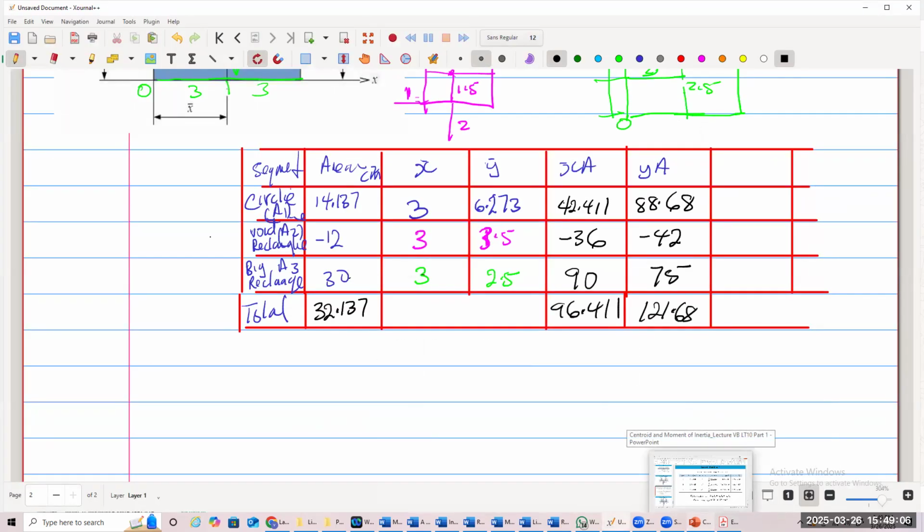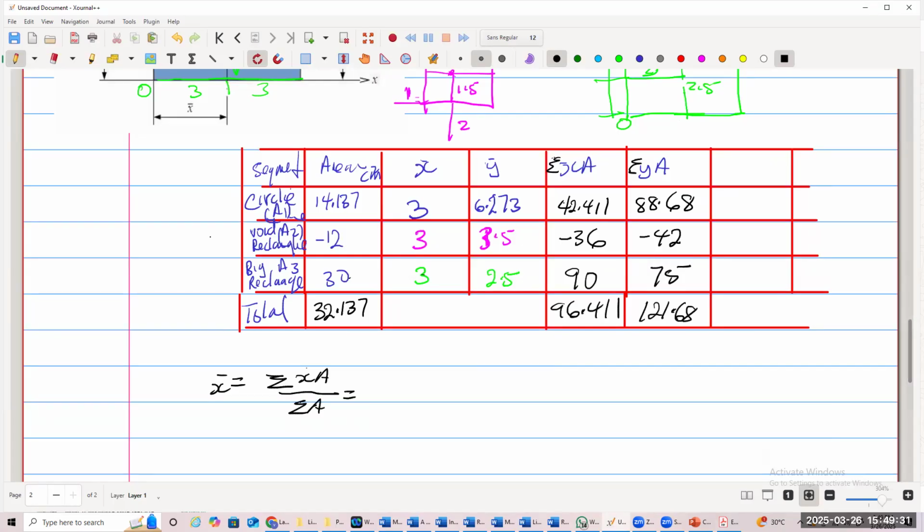All right, so the first one says X bar is equal to the sum of X times area upon the sum of the area.